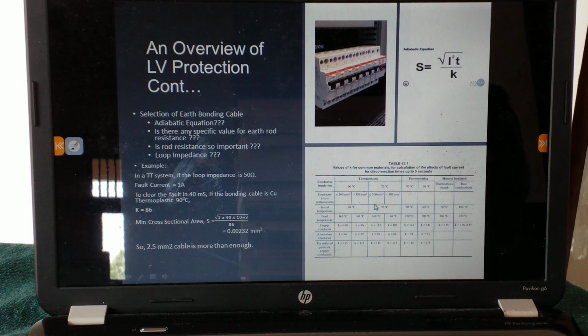Do you think that the cable is enough? A cable always has a current carrying capacity. For a 2.5 mm cable, the current carrying capacity is about 20 to 25 amps. So that cable will definitely blow out if you apply it to a TN system, which has that much high current. So you have to be careful.